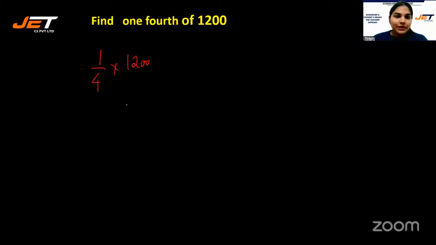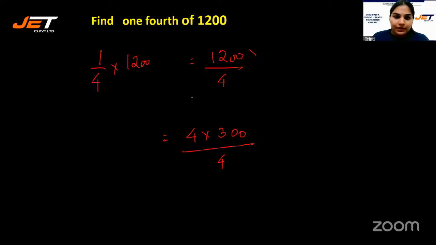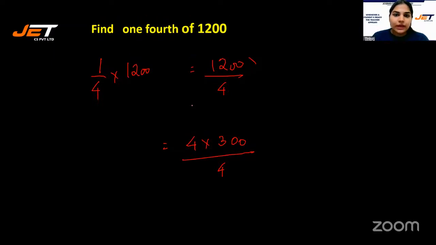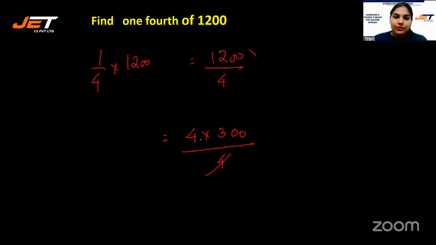Here, how we do it is like this: 1200 by 4. I can write this 1200 as 4 times 300, in the denominator 4. 4 cancel, 300 is the answer.